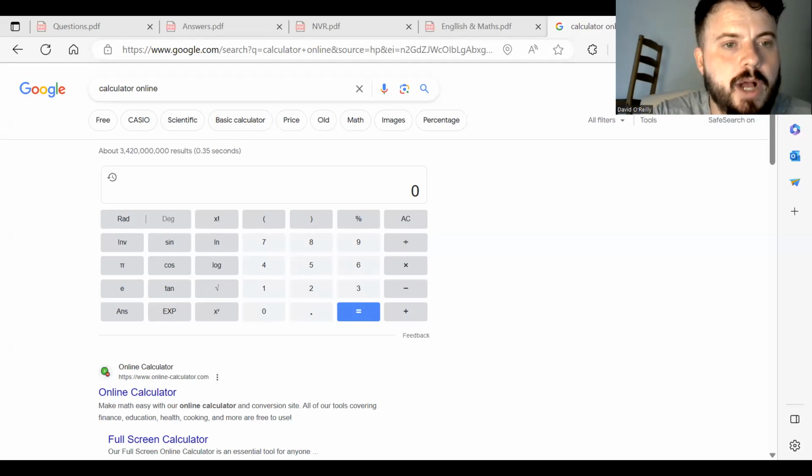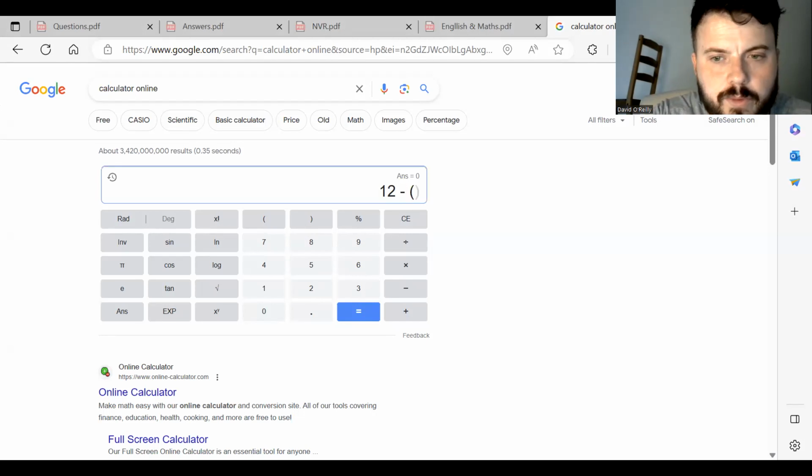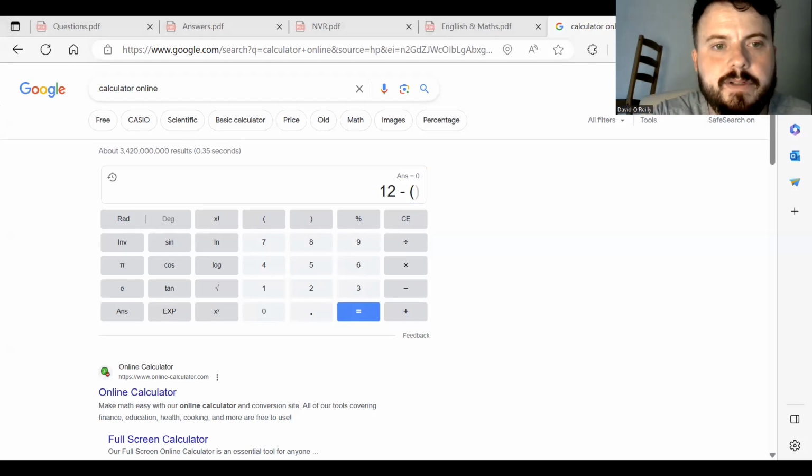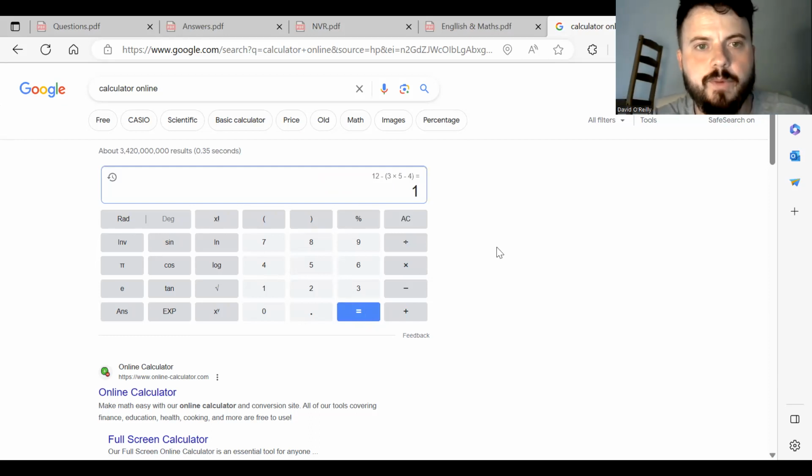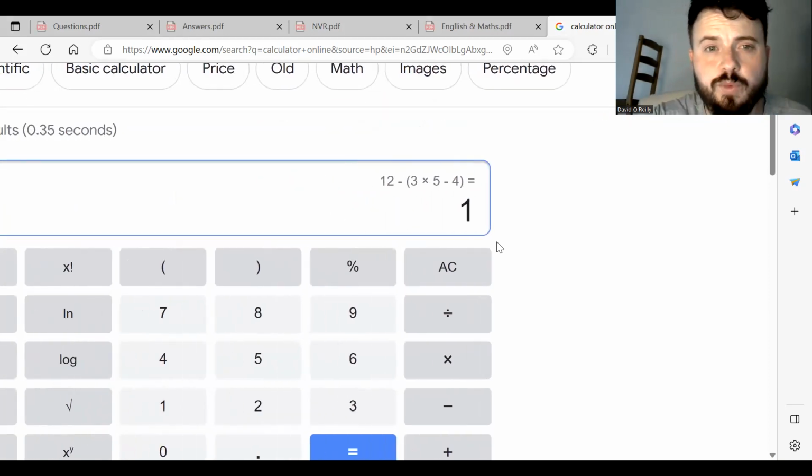So we've got 12 subtract brackets, and then we have 3 times 5 subtract 4, closed bracket, equals 1. Okay, the answer is 1, like we thought it was. So well done if you said 1.